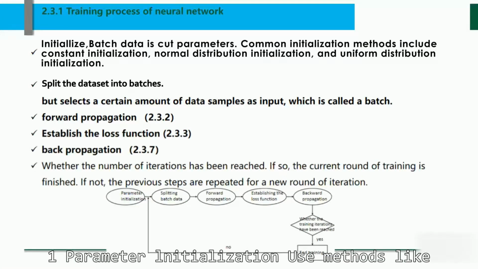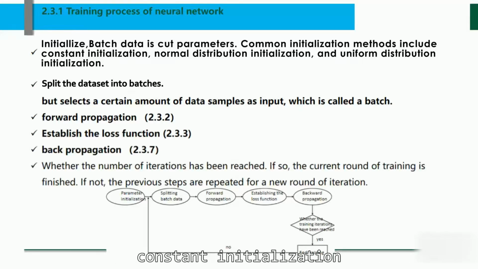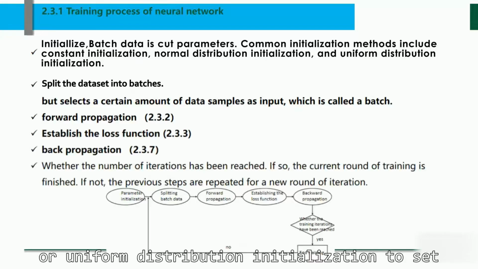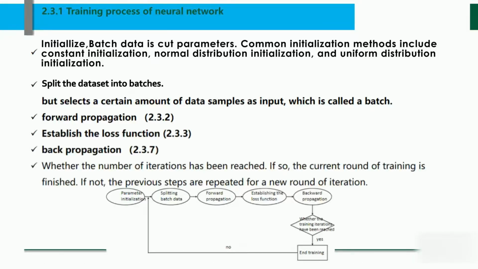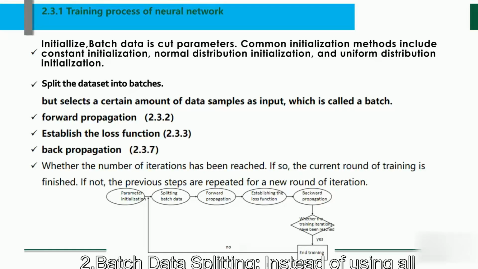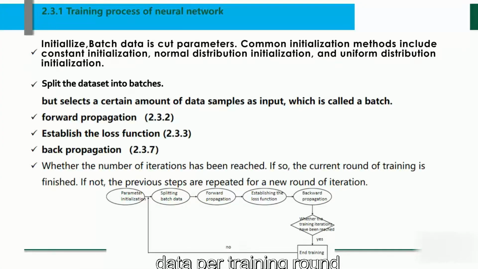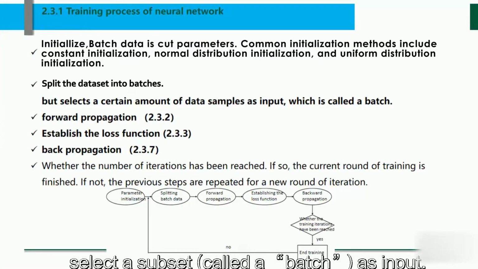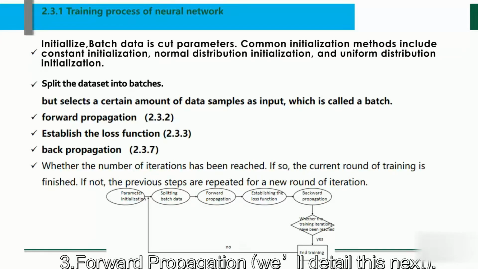First, parameter initialization. Use methods like constant initialization, normal distribution initialization, or uniform distribution initialization to set initial parameter values. Second, batch data splitting. Instead of using all data per training round, select a subset called a batch as input. Third, forward propagation.